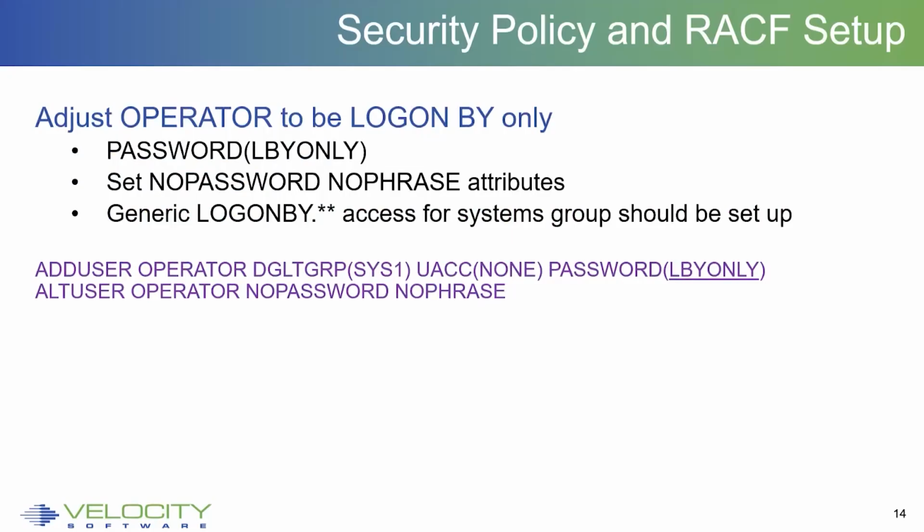And then the generic LOGON BY.** is the generic rule. That rule will allow access for the systems administration group to be able to log on to the OPERATOR user ID. I gave you two examples of how to set that up with the RACF commands.